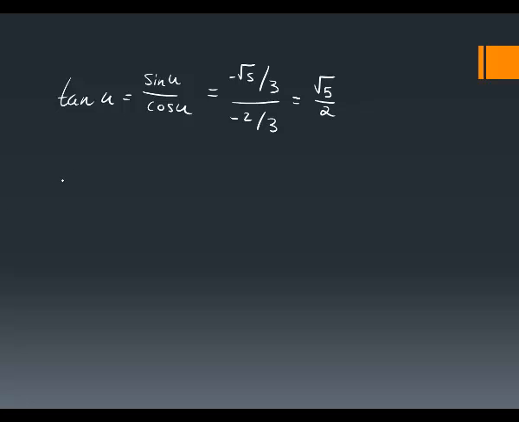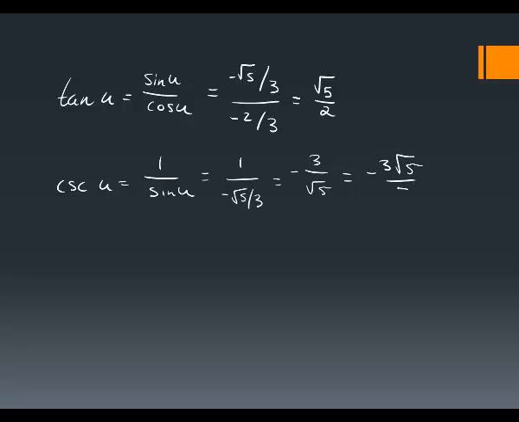We have cosecant of u. That's just equal to 1 over sine u. And sine u is this value. So we end up with 1 over negative square root 5 over 3, which equals 3 over, put the negative out front, square root 5, which ends up being negative 3 square root 5 over 5.